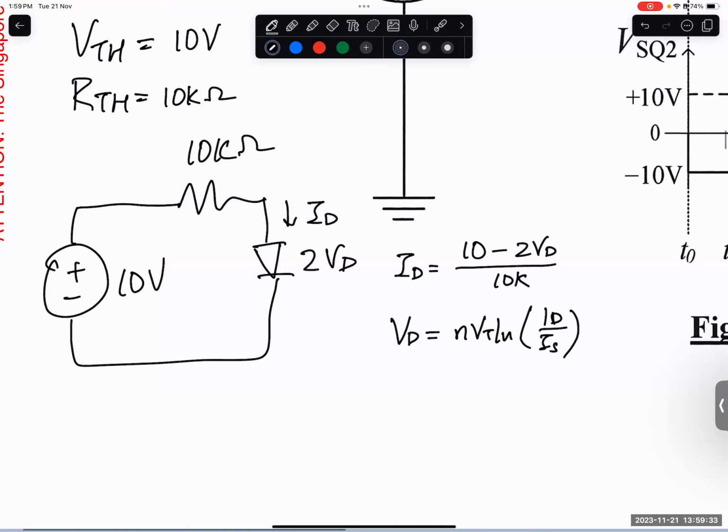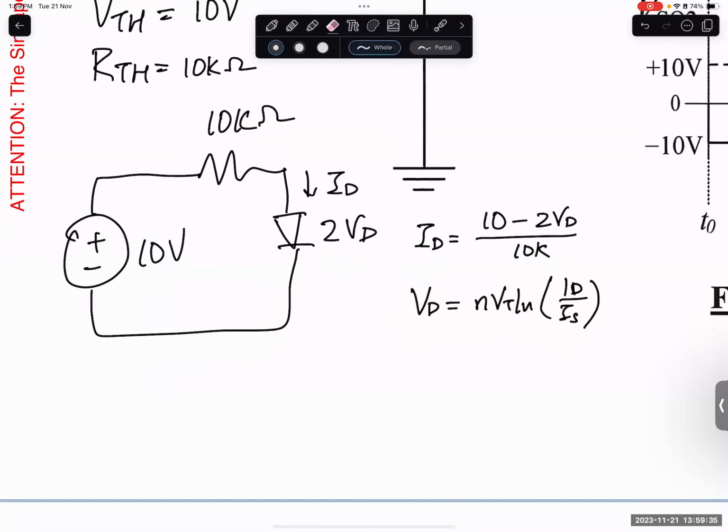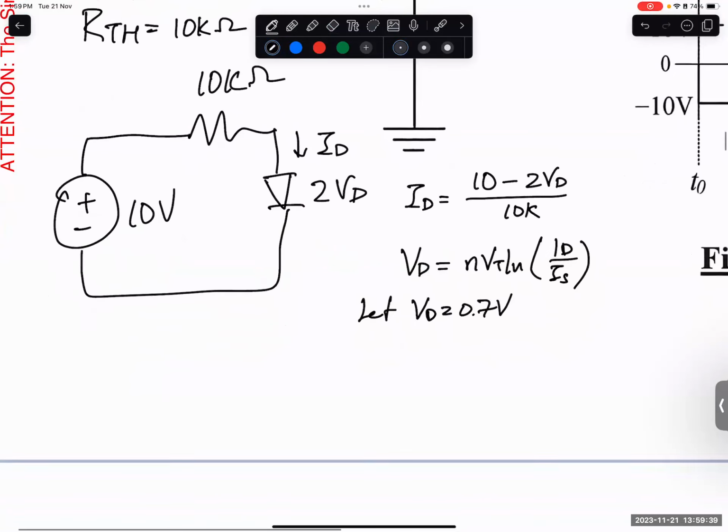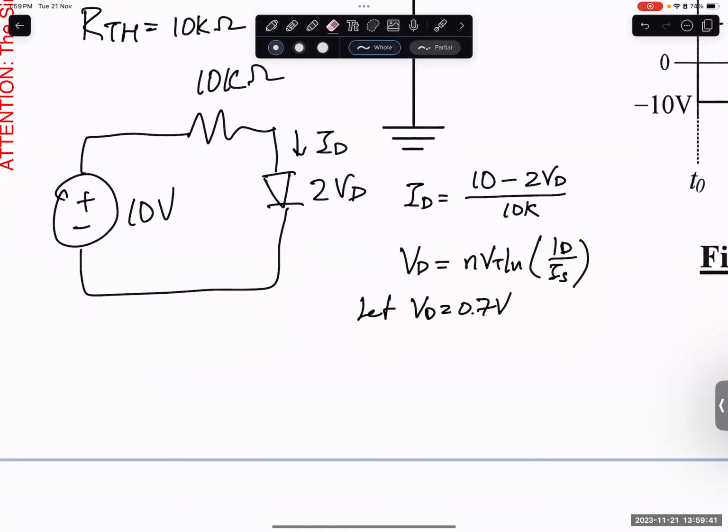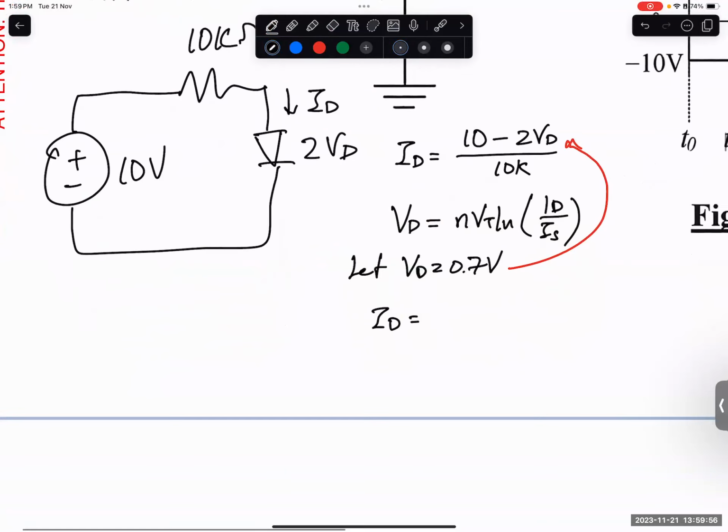Then assume VD equals 0.7 volts. We plug this 0.7 volts in here. So ID equals 10 minus 2 times 0.7 volt divided by 10 kilo ohms, which is 860 microamps.